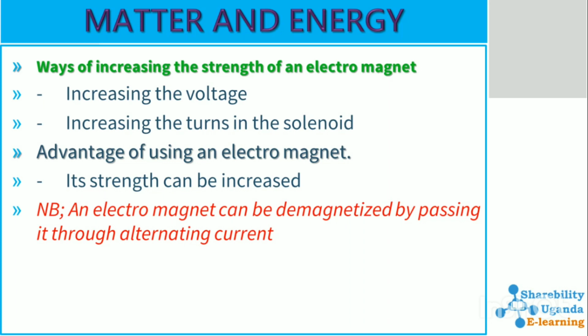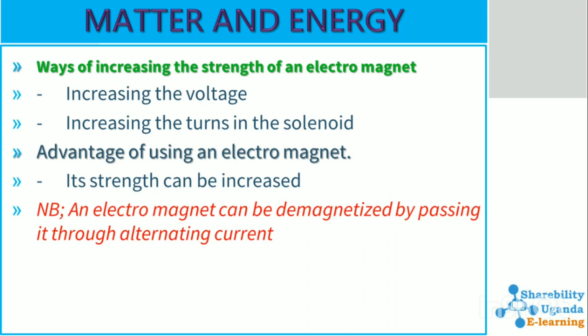Ways of increasing the strength of an electromagnet: by increasing the voltage, and increasing the number of turns on the solenoid. And then advantages of using an electromagnet: its strength can be increased. That is the major advantage of using an electromagnet.